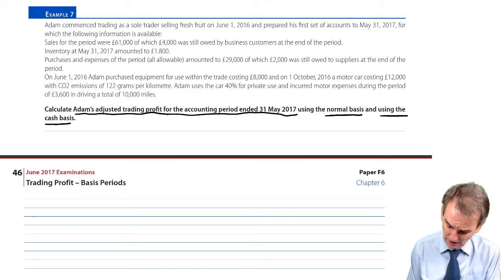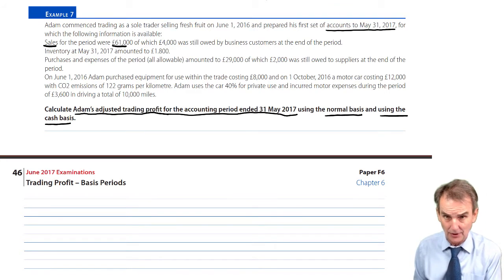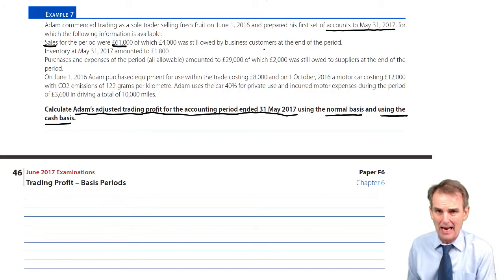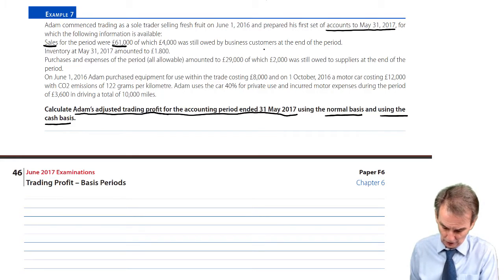Right, we know what the accounting period is here. Our accounting period for the year to 31st of May 17. What are we told? Sales for the period were £61,000. Now, using the traditional basis, therefore, we don't care about how much of that was still owed, what the debtors, the receivables position was.